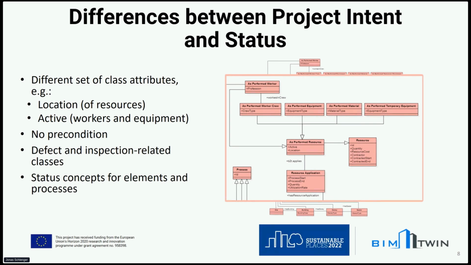In the beginning, the construction schedule is always rather rough, and for example you don't have information about what a certain worker is going to be doing at a certain point in time. But if you try from the other side to rebuild what was actually done on the construction site, you have to start at the location of certain workers, whether they're active or not, and things like that. These are the main differences between those two sides.